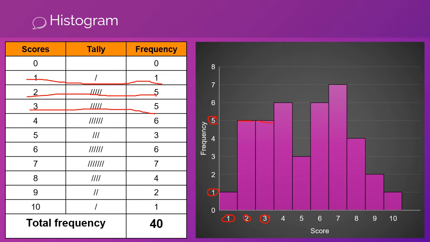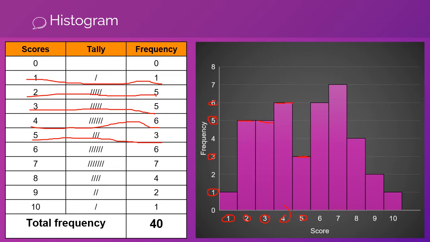Next, 4 and 6. Next, let's have 5, where the frequency is 3. So we have 5 and 3, and so on.